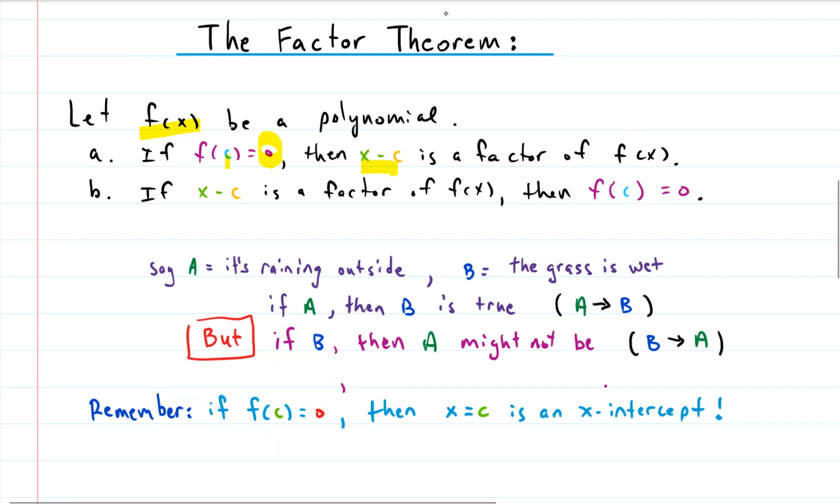And b is just the converse. So if x minus c is a factor, because say we find out because we factor, then we're guaranteed that if we plug that value c into the function, we'd get 0 out. So you might be thinking, isn't that kind of overkill?